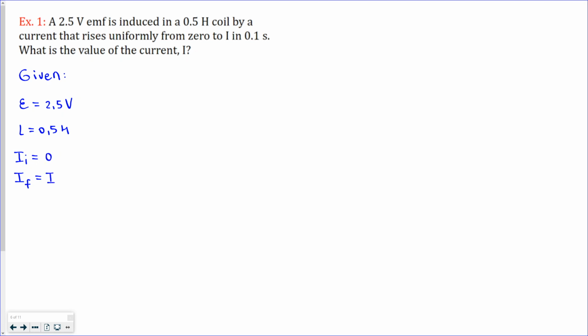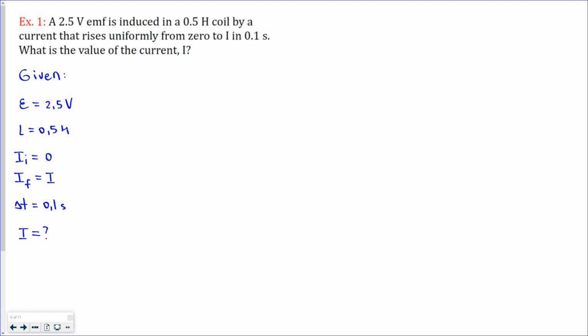It rises from 0 to I. And the interval of time is 0.1 seconds. And we need to find the value of this I.